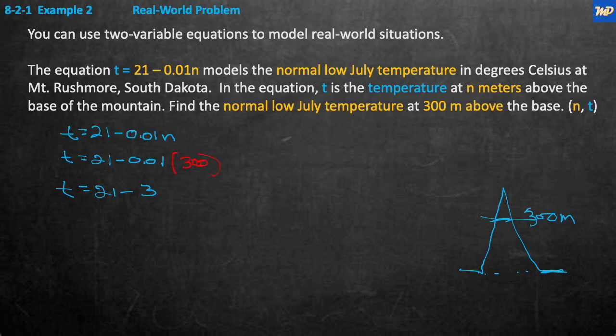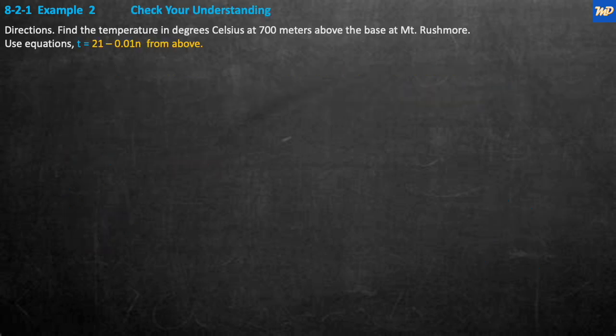So T, the temperature, is equal to 21 minus 3. I shouldn't have done that. Let's go back. 21, shouldn't have got ahead of myself there. 21 minus 3 is 18. So the temperature is 18 degrees Celsius.